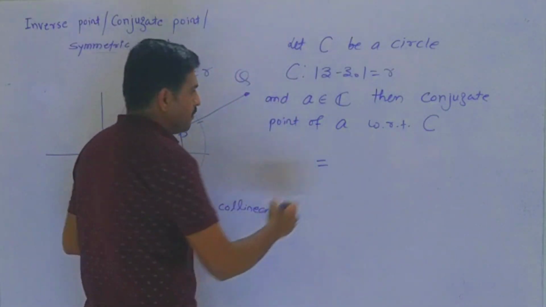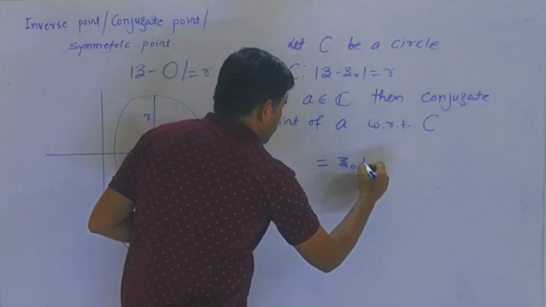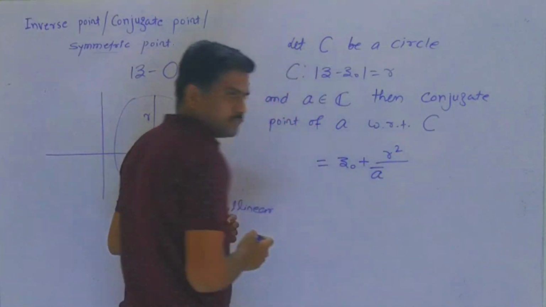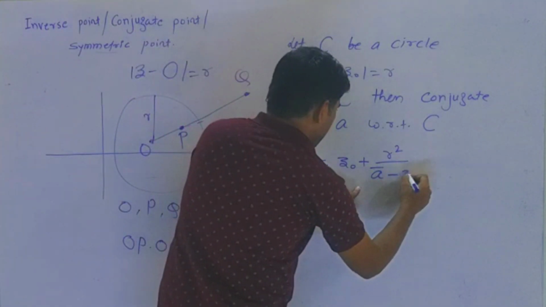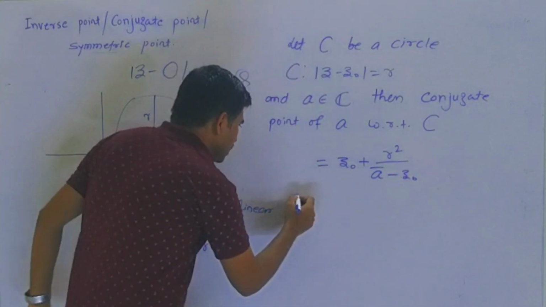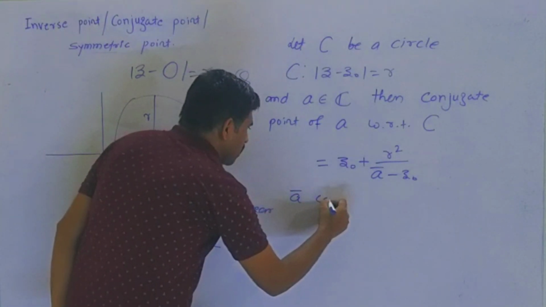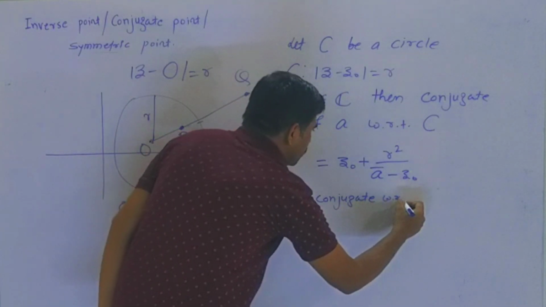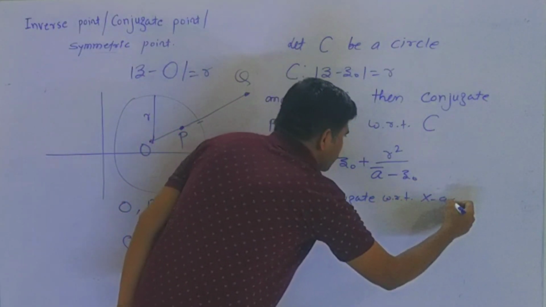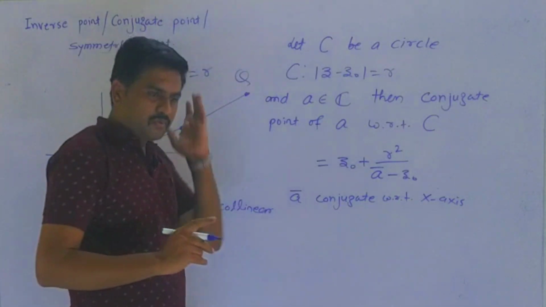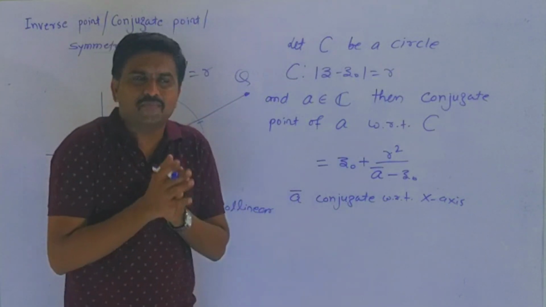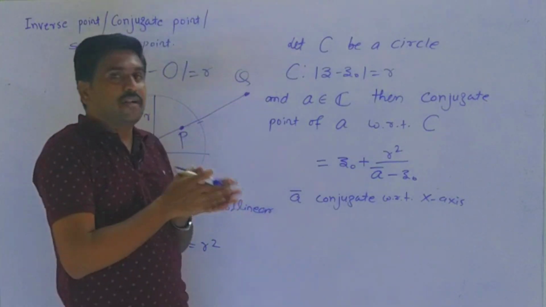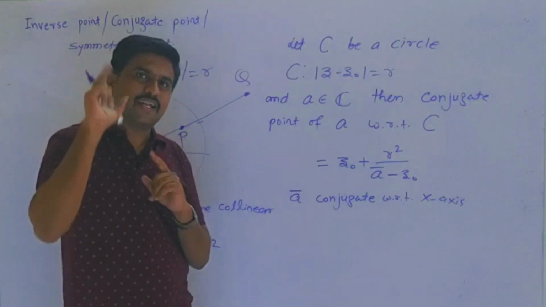is nothing but Z0 plus R square upon (A bar minus Z0bar). Here A bar is nothing but the conjugate with respect to the x-axis. It means the x-axis is used as a mirror, that type of conjugate.